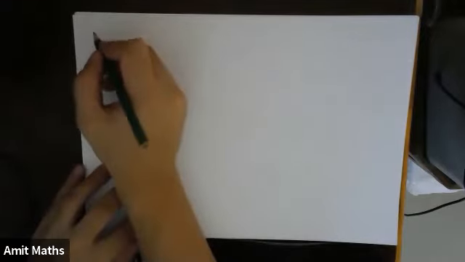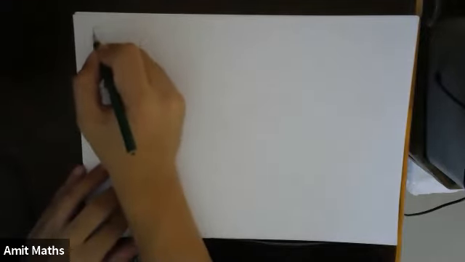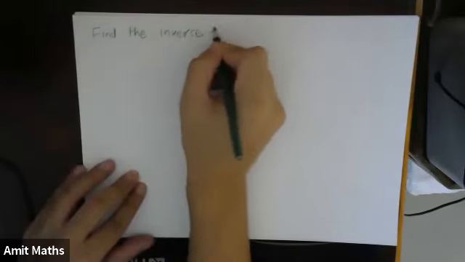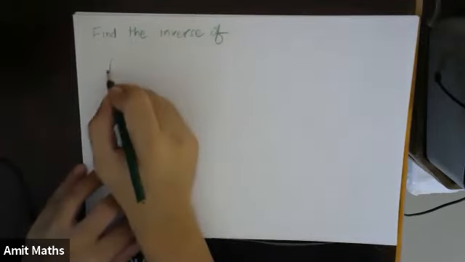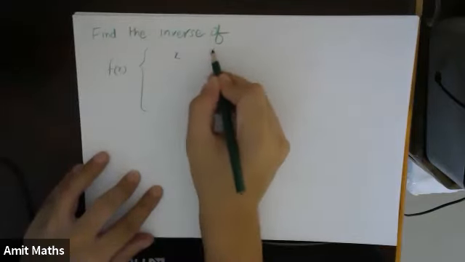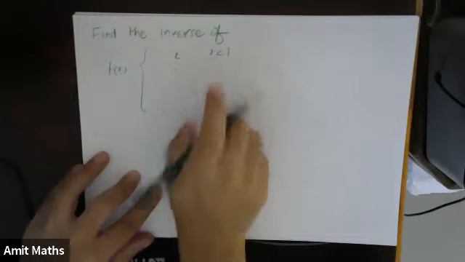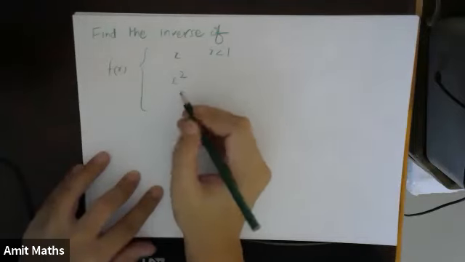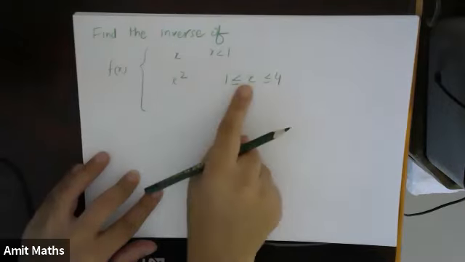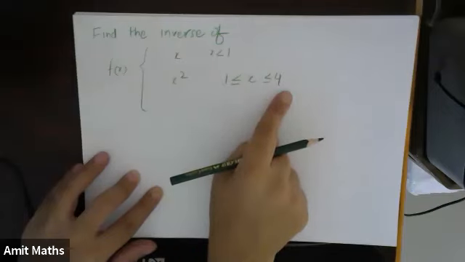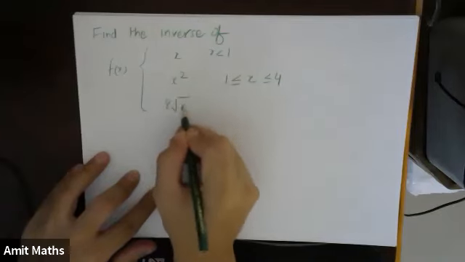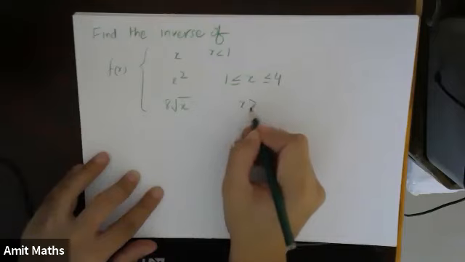The question given is find the inverse of f of x given as x when x is less than 1, x square when x is greater than equals to 1 and less than equals to 4, and the third part is 8 root x when x is greater than 4.